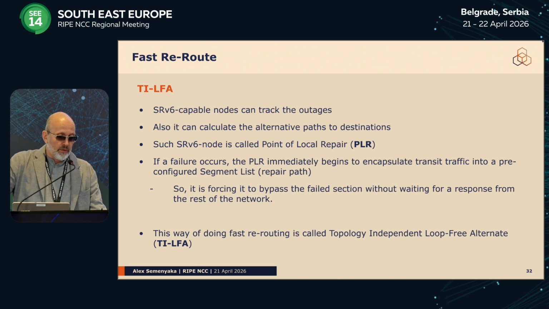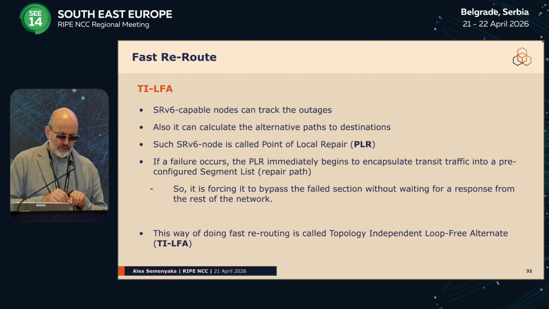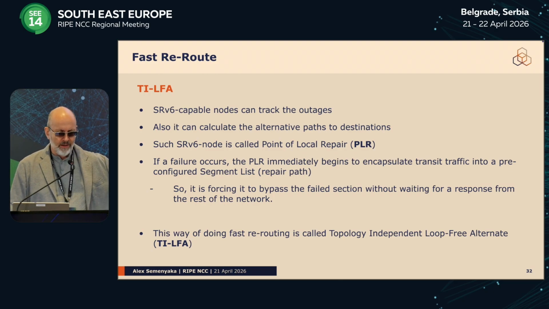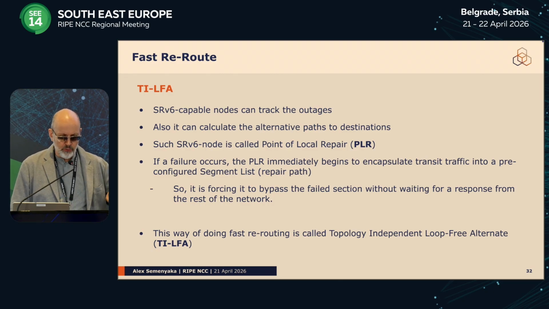When it's over, it will switch to the normal operations. And because we have all the things like functions in our network, it's easy to signal that I'm starting doing TI-LFA. So your function is to remove this layer of SRv6 and start doing the SRv6 from inside.